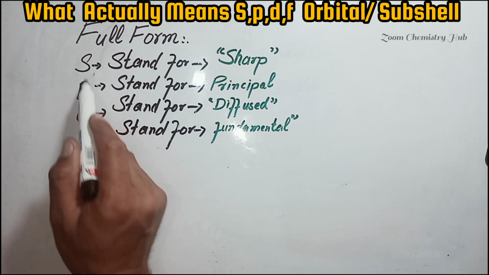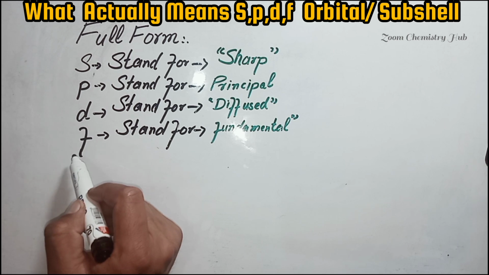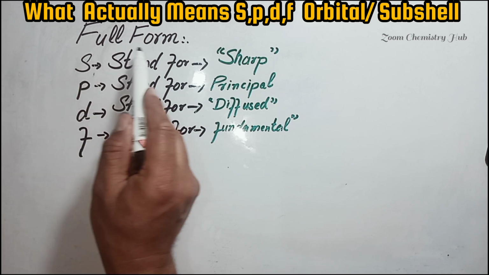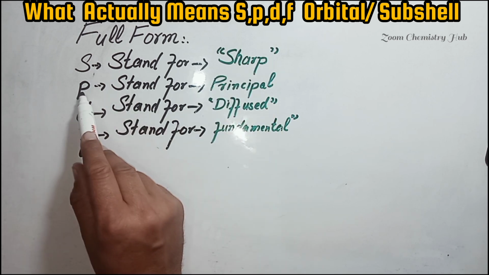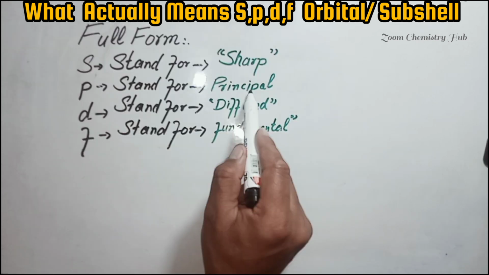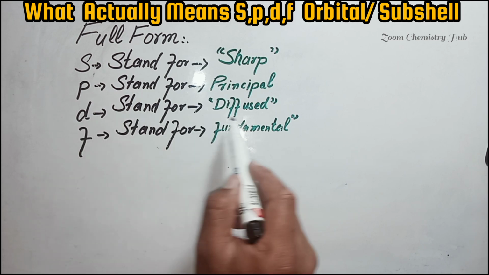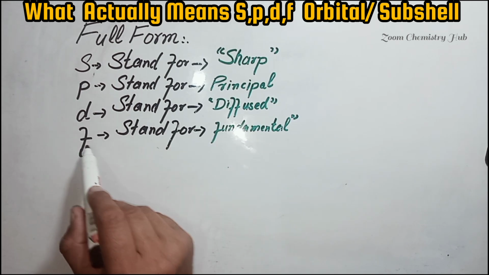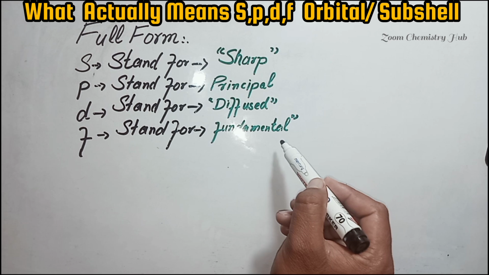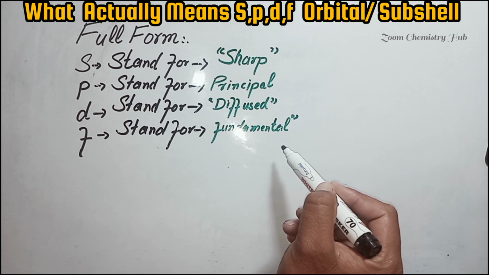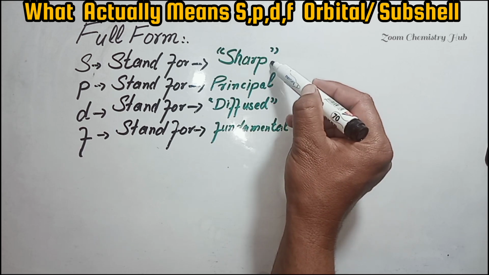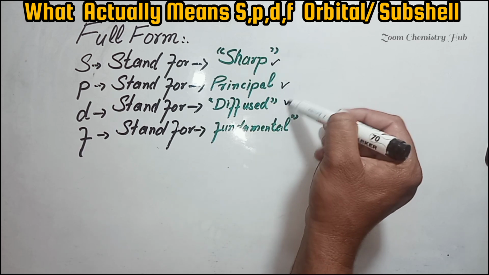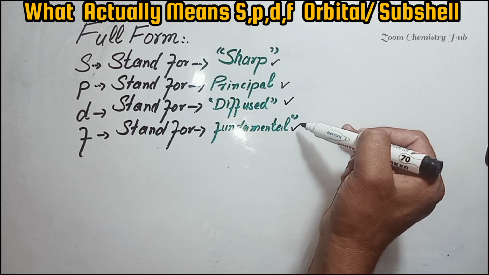We have S, P, D and F orbitals, and their full forms are: S stands for sharp, P stands for principal, D stands for diffuse and F stands for fundamental. Now we will learn what is actually behind these terms: sharp, principal, diffuse and fundamental.